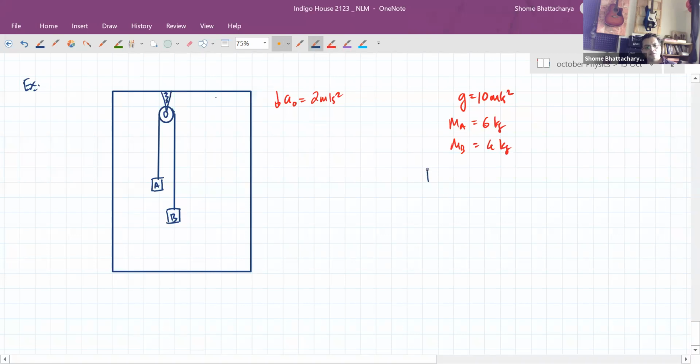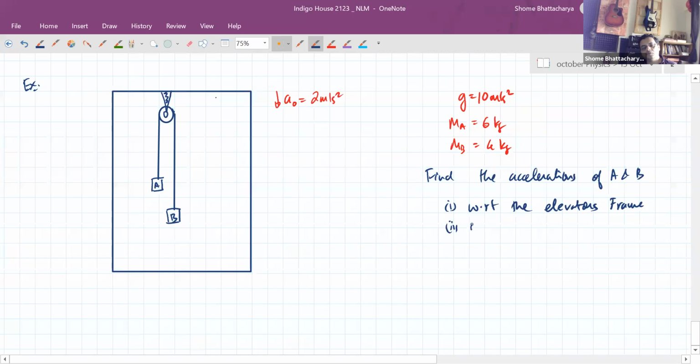So we have to find the acceleration of A and B with respect to the elevator's frame, and again with respect to the ground frame, and also the tension in the thread.